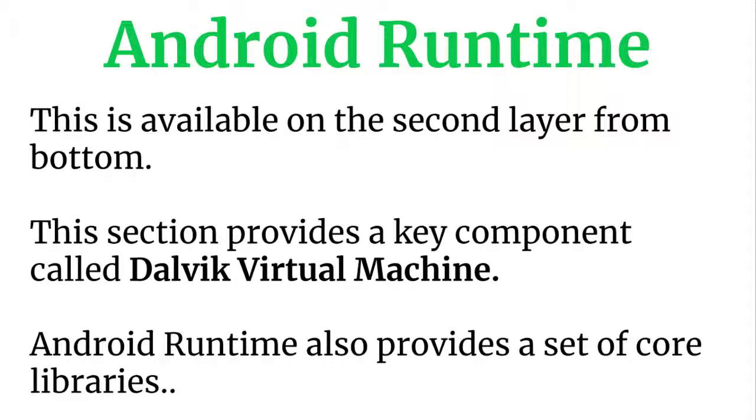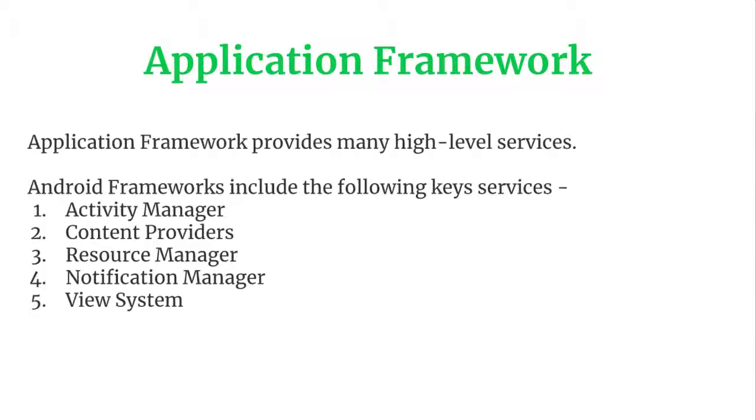standard Java programming language. The application framework layer provides many higher level services to applications in the form of Java classes. Framework has modules for controlling all the different components of your Android apps. Now, the Android framework includes the following key services, such as the Activity Manager that controls all aspects of the application lifecycle and activity stack, content providers, which allows applications to publish and share data with other applications.